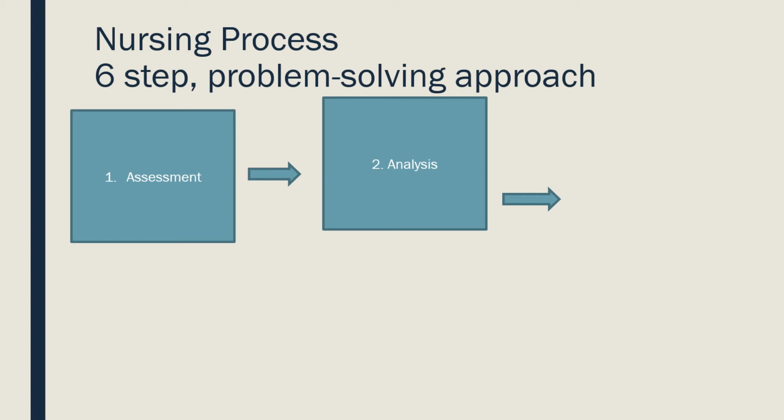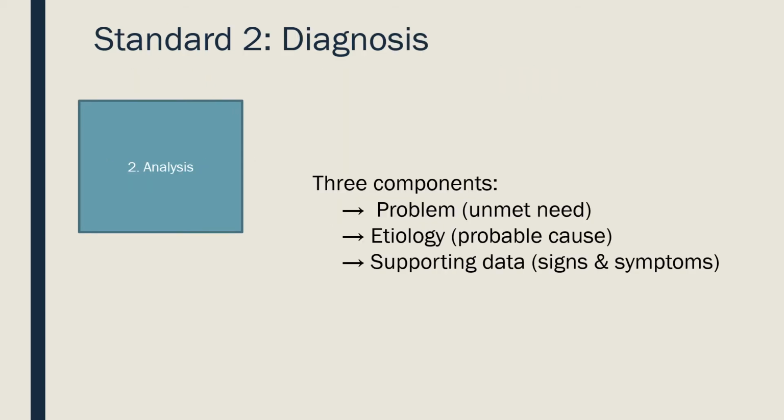So the second step of our nursing process framework is analyzing. We've done our assessment. Now we want to analyze that information. Analyzing the data collected helps determine any diagnostics, problems, or areas of focus for care and treatment. Nursing analysis statements have three components. Again, this should be reviewed for you.